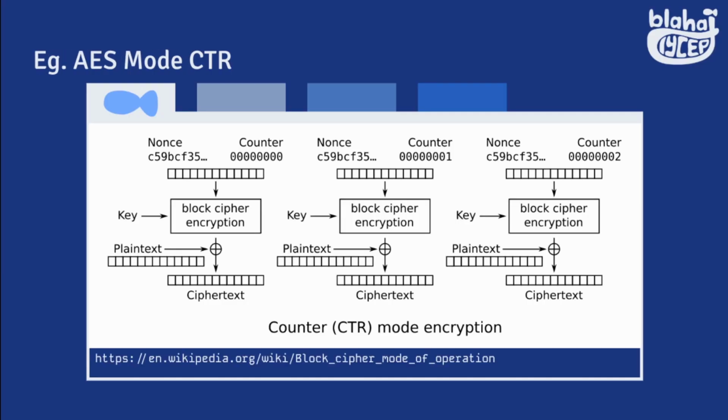Alright, so the general idea is that in CTR encryption, you have a nonce, which is like a 12 byte IV, and then typically this nonce is linked to a counter. So the idea is that you're using ECB encryption not to encrypt the plain text, but to derive a key stream with a fixed key.